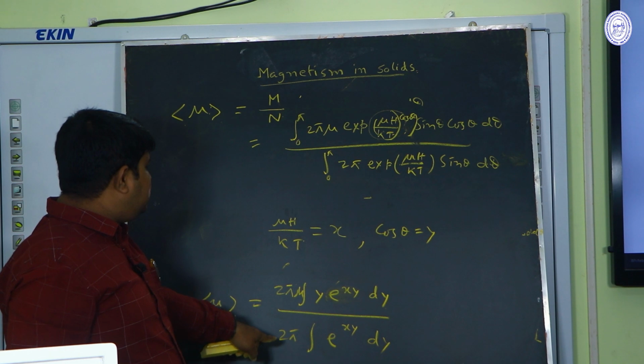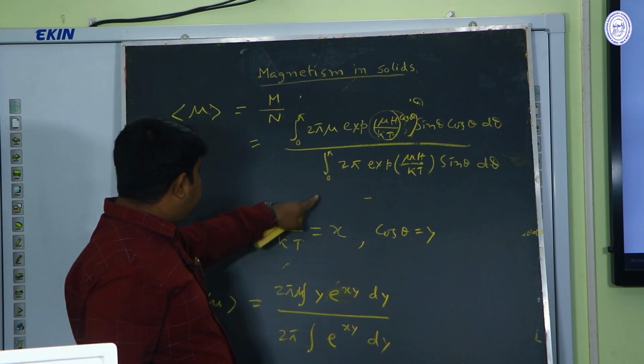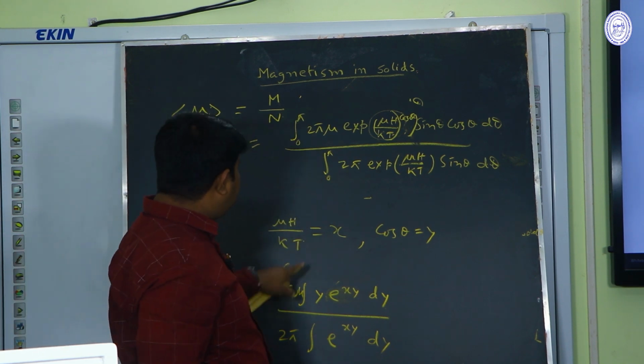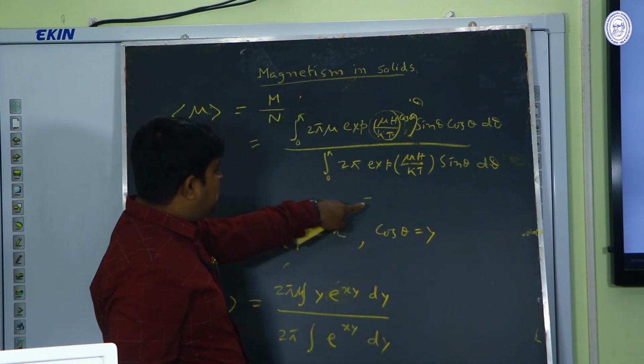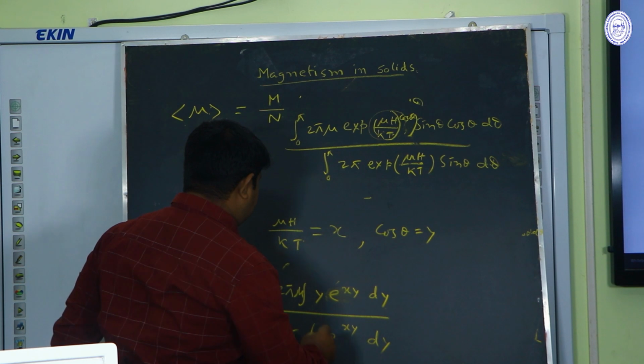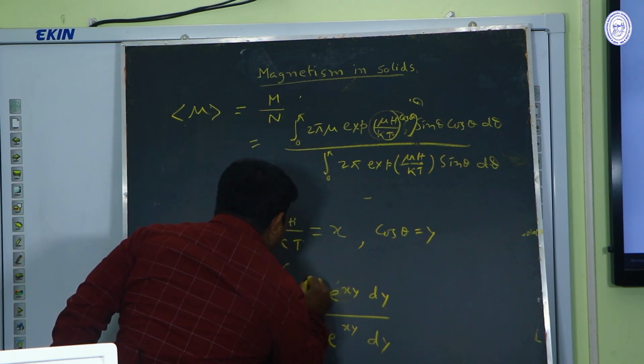The limit of the integration: when theta is equal to 0, y is equal to plus 1. That means plus 1 to minus 1.